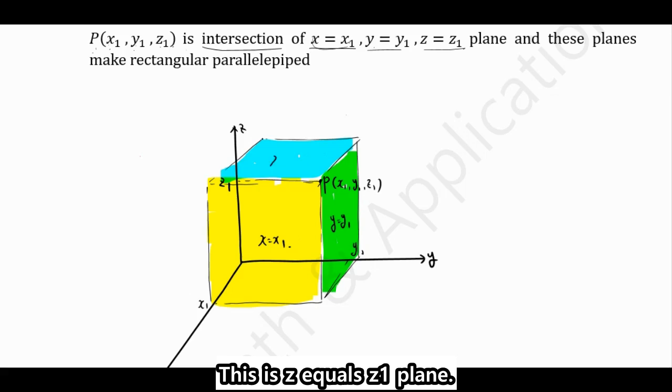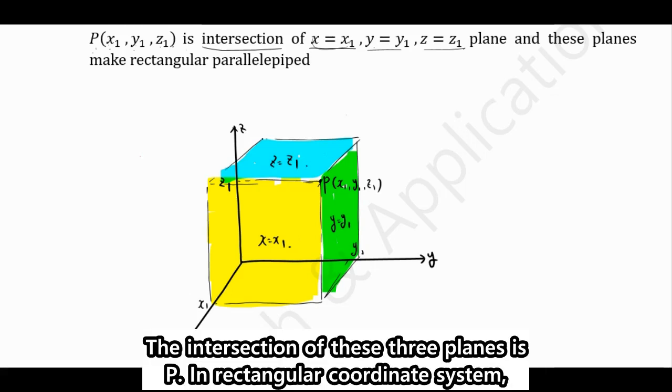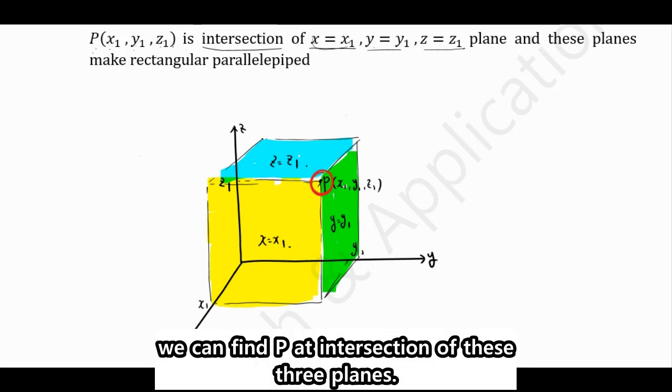This is the z equals z1 plane. The intersection of these 3 planes is P.